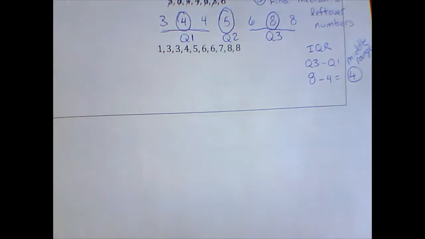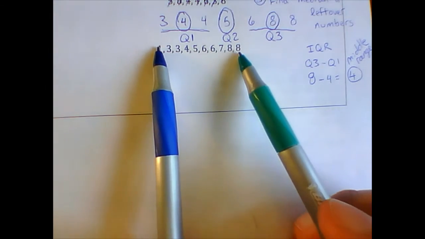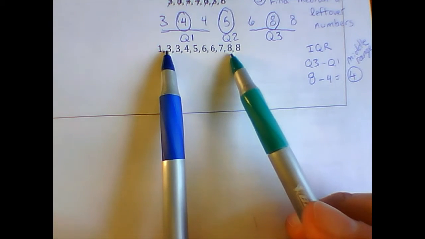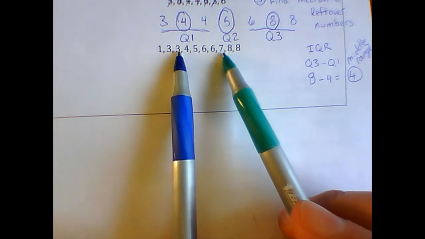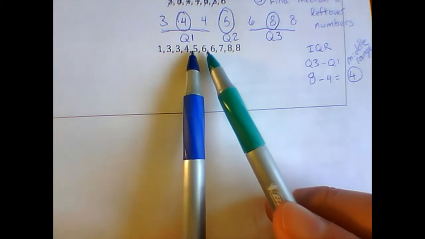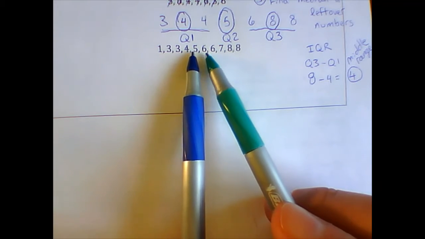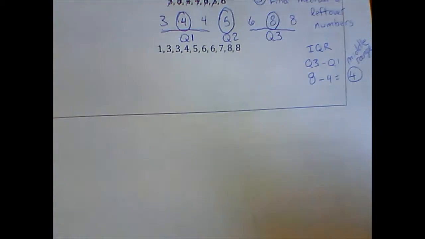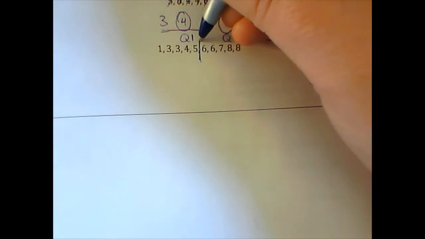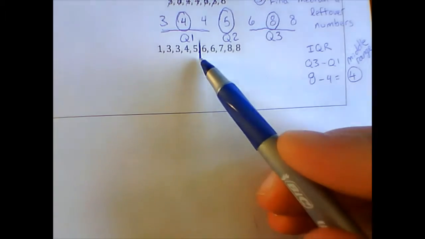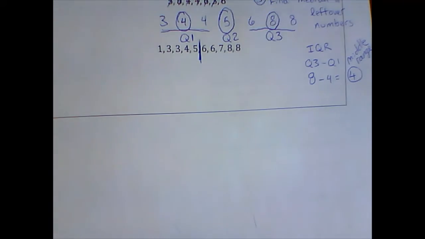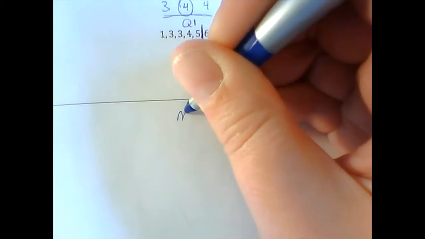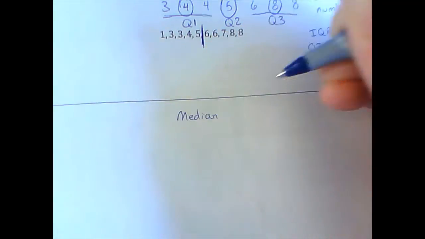Okay, let's try it again with one more group. These guys are already in order, so we didn't have to put them in order. So we're going straight for the median. So I'm just walking my 2 pins right into the middle, and uh-oh. The middle is in between 2 numbers. There isn't a single number that is a median. The middle is in between them. So in order to find the median, we have to take the average or the mean of those 2 numbers that are closest to it.